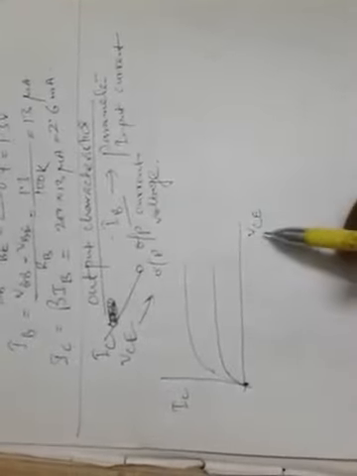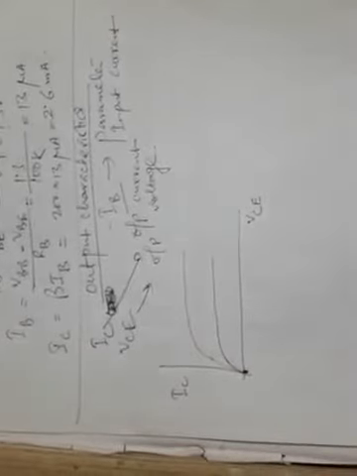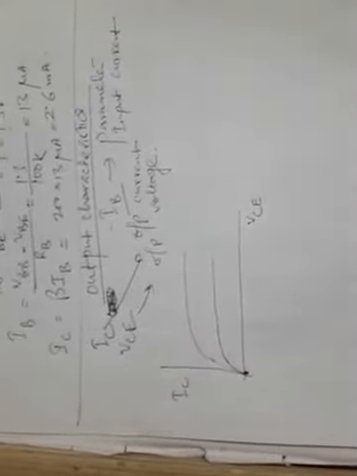As VCE is increased, the depletion layer will make the effective base width smaller, and as a result the base current will become less. If the base current becomes less, it will not be able to control the collector current that much, and the collector current will come to an almost fixed value.